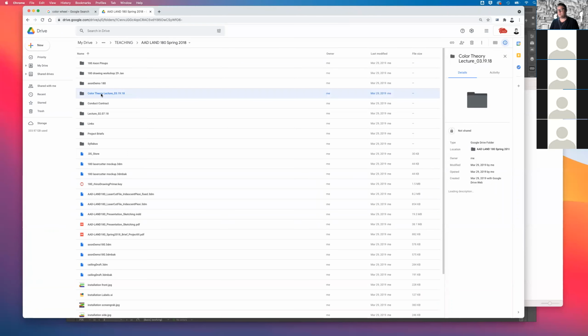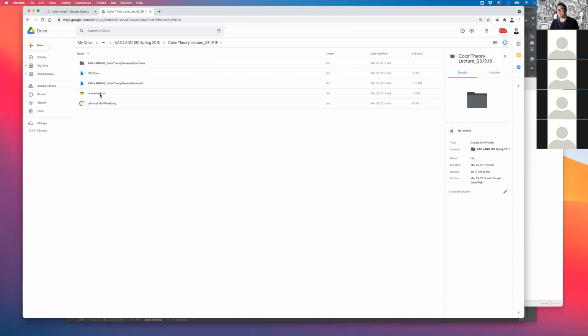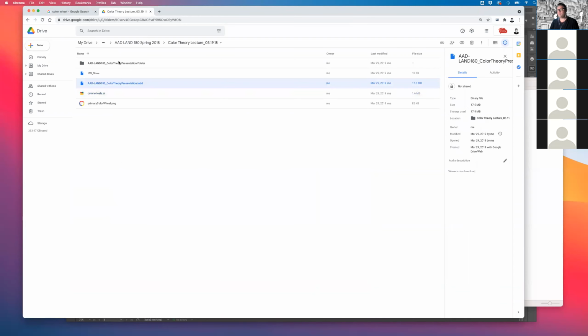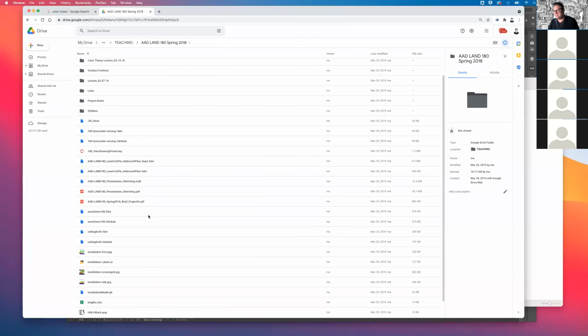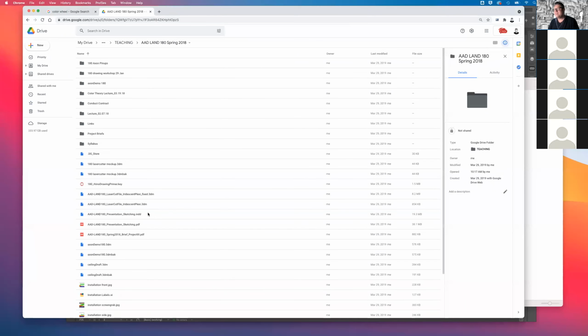Color theory lecture. Look at that. It's an InDesign file, really? You've got to be kidding me. Here, let me see if I just have a PDF of this. That's silly. What in the heck was I thinking there? Color theory lecture. Oof.